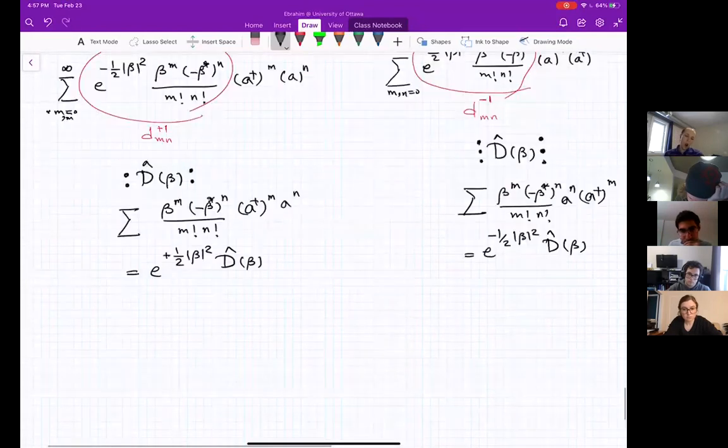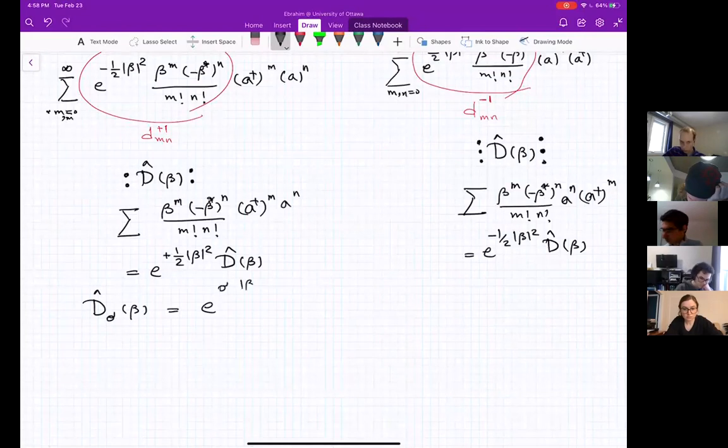Now you will see slowly why I'm using sigma. So D of sigma of beta is given by e to the power of sigma beta squared divided by 2, D of beta.